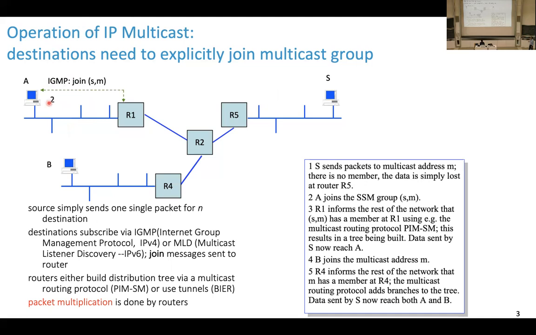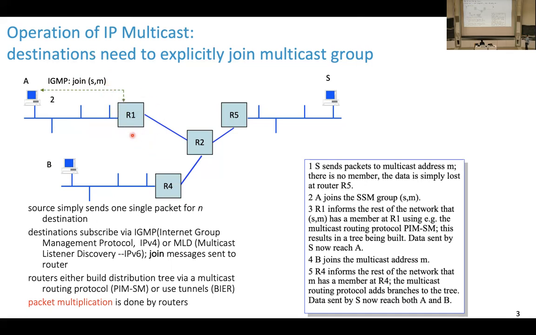So it will activate a specific protocol, called Internet Group Management Protocol, IGMP, in IPv4, or MLD, Multicast Listener Discovery, in IPv6. These two protocols are equivalent. The goal of this protocol is to warn the router that you would like to subscribe to this particular group, with unicast source address S and multicast address M.